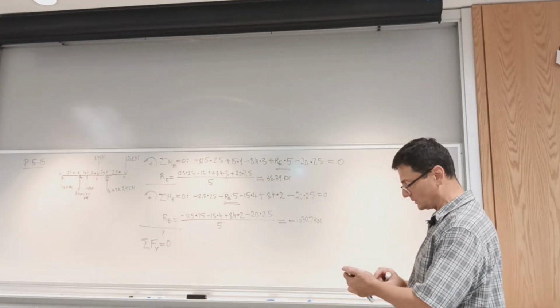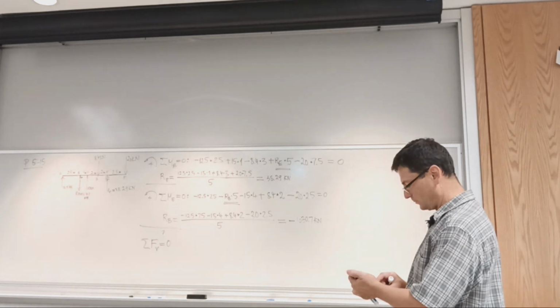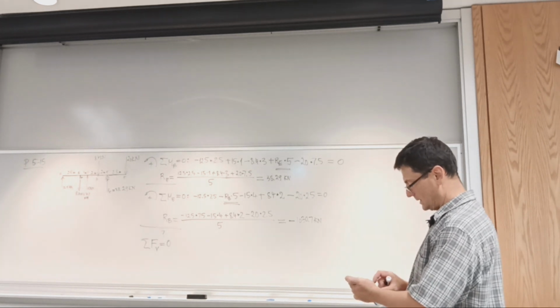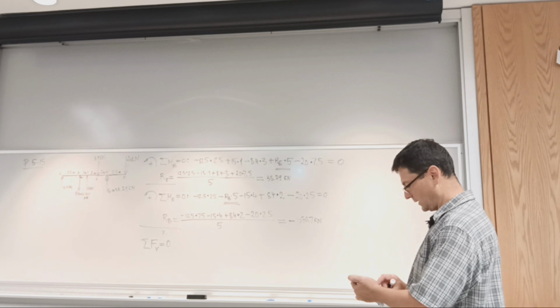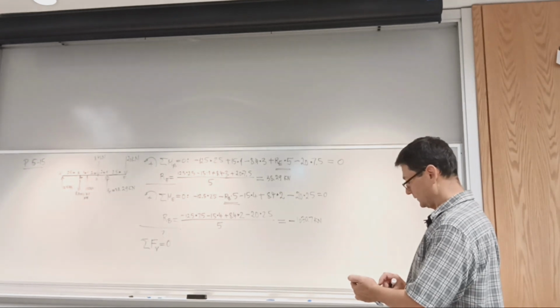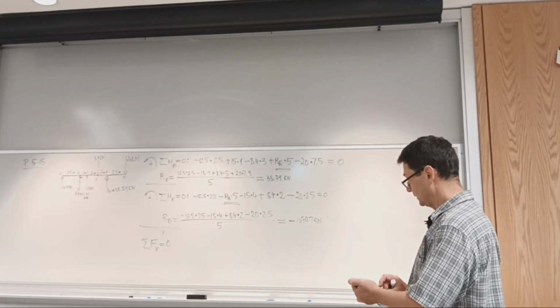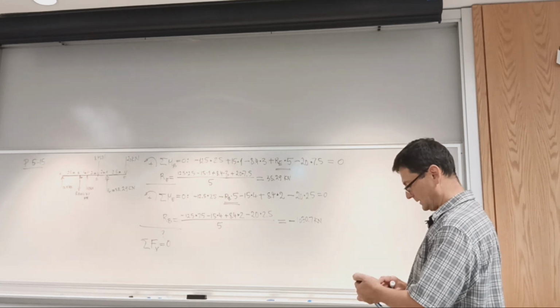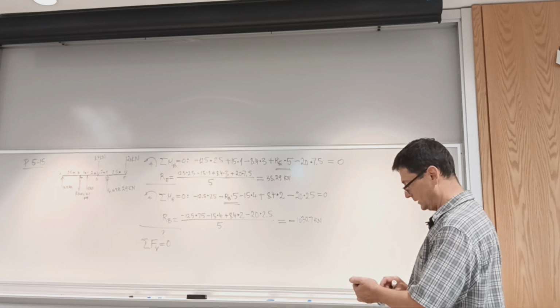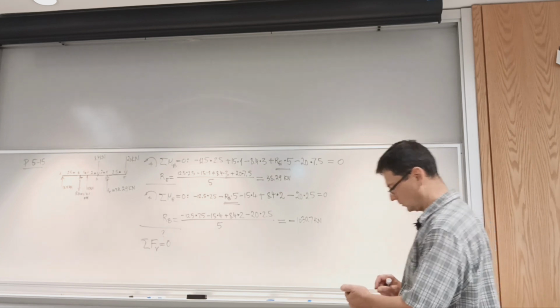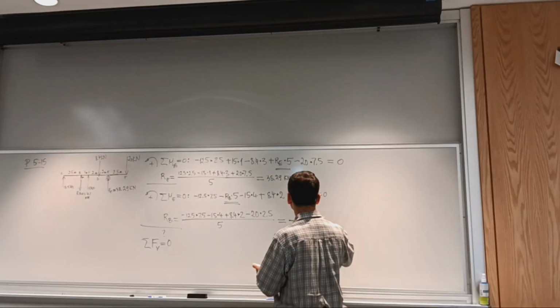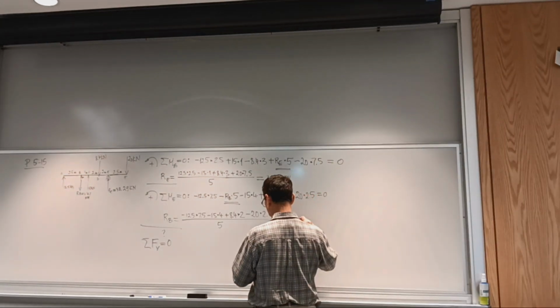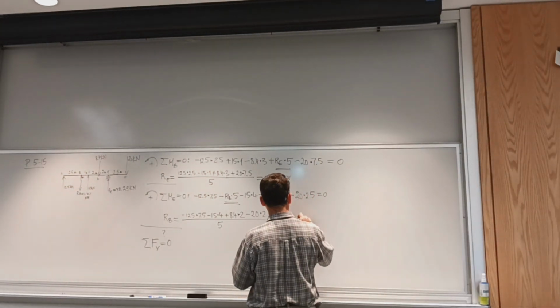I'm starting with negative 12.5 times 7.5, and I have negative 15 times 4, and then plus 8.4 times 2, and negative 20 times 2.5 equals. Divide by 5 equals. I have 37.39. You're right. I forgot to divide by 5 probably.